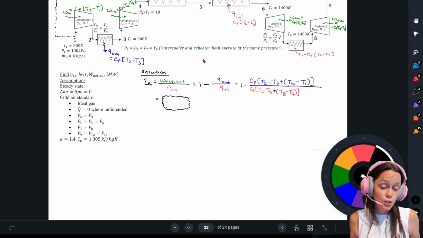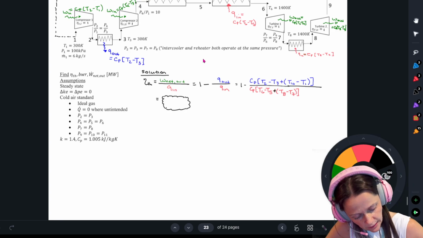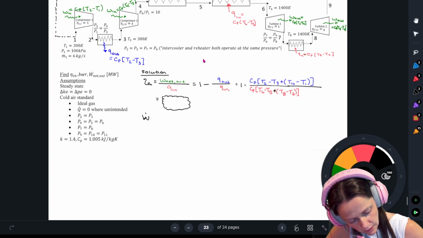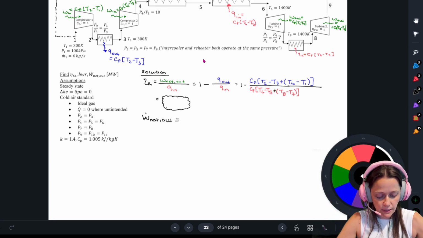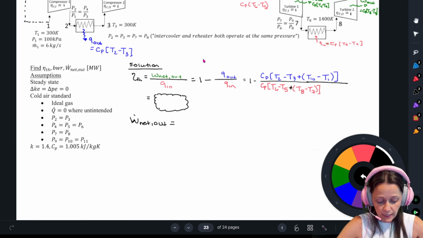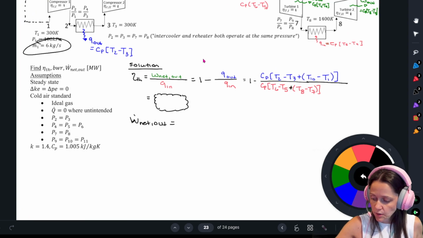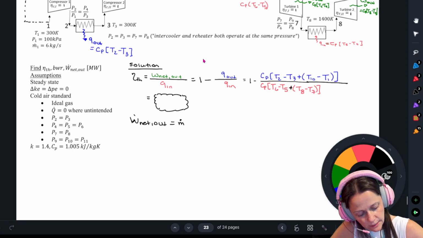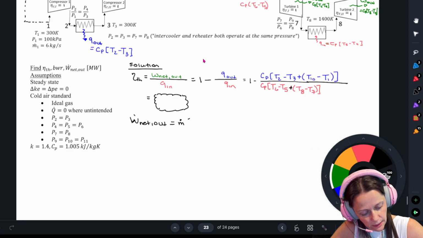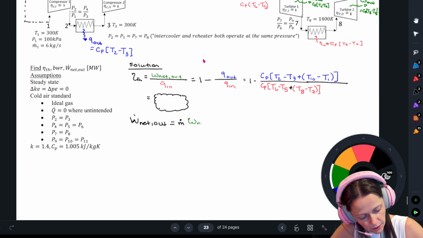Next thing I'm supposed to do, figure out my W dot net out. Okay, so I could calculate this. I've got an m dot, right? It's 6 kilograms per second. So m dot times little work net out.